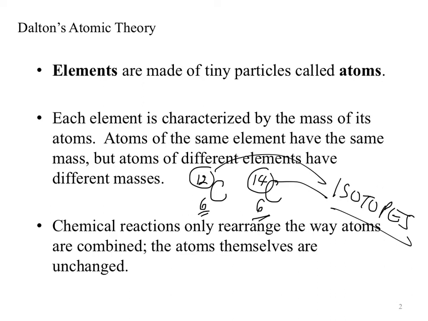Of course, now we know that when a chemical reaction takes place, whether it's an ionic reaction or an organic reaction, whether sharing of electrons occurs or transfer of electrons occurs, there is actually a material particle that gets exchanged. And for that reason, chemical reactions are not just a rearrangement of atoms, but an actual transfer of a material particle. And in this case, that happens to be an electron.